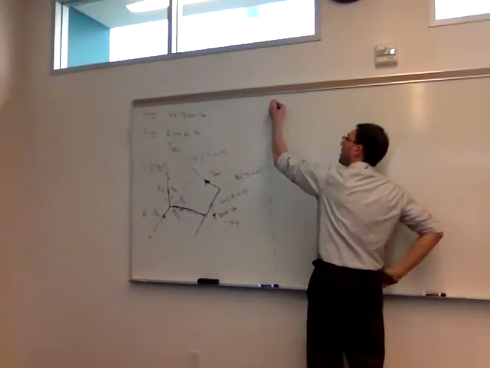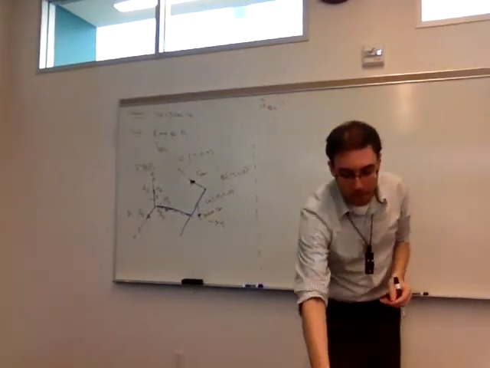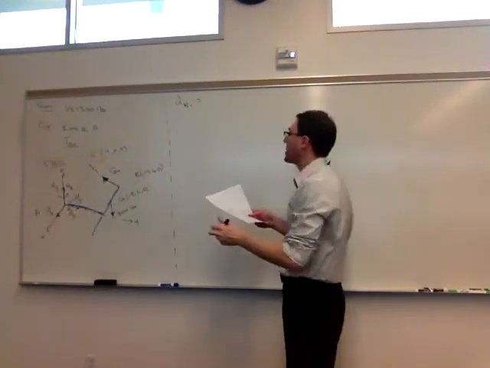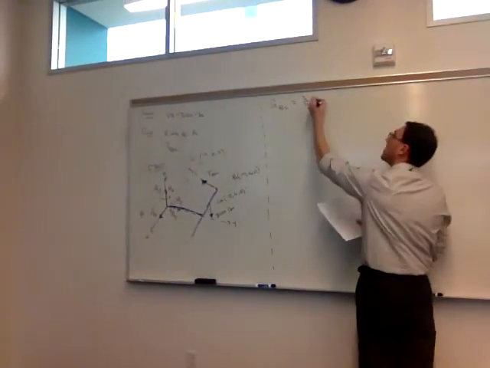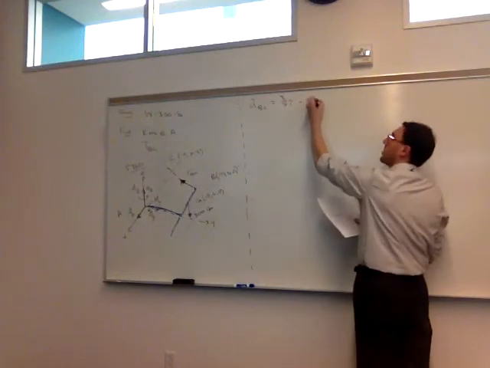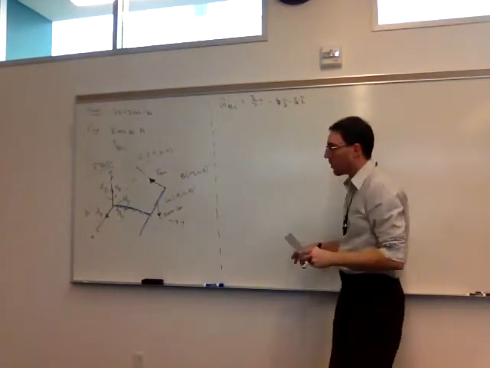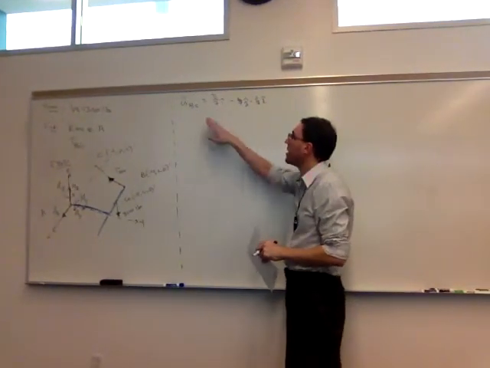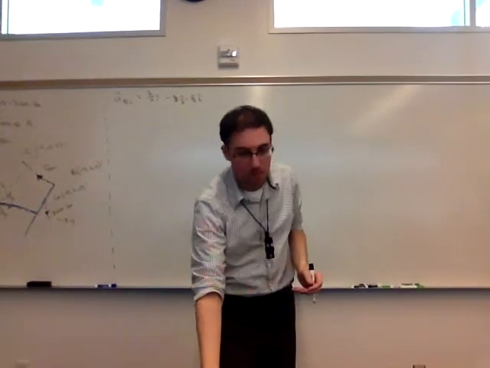So right away, before I even get to the equilibrium equations, I'll get this out of the way. So we solve this, we'll get 3/7 i minus 6/7 j plus 2/7 k. We can always come back here later if we need it, but I know I'm going to need unit vector BC, so I might as well do it now.